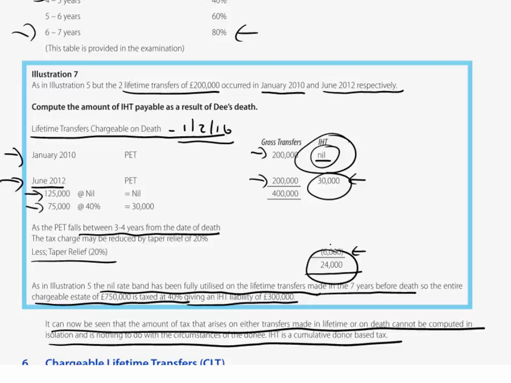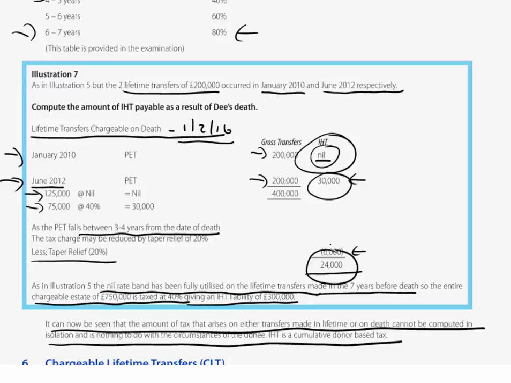Well, by then, all of the nil rate band has been used, so all of that £200,000 would be taxed at 40%. That would be £80,000. In June 14, that is within 3 years of the date of death, February 16, so there'd be no taper relief.